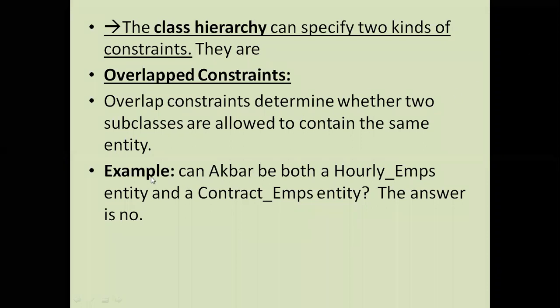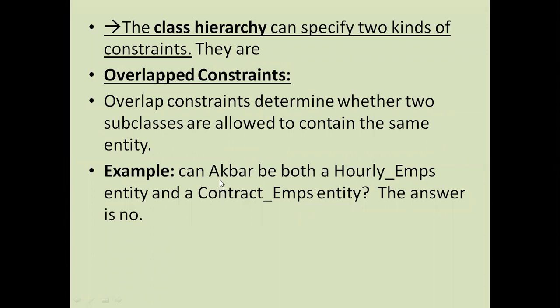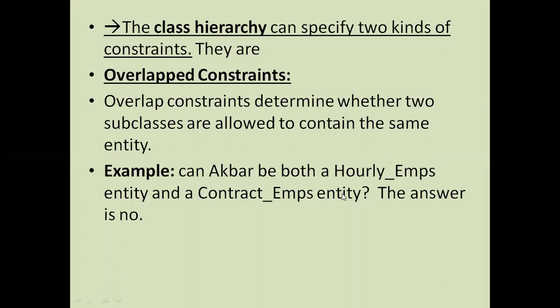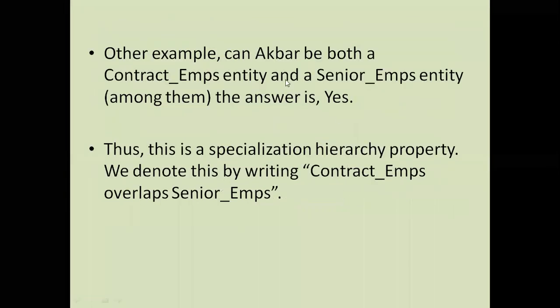Here also, we are dividing the employees into hourly employees and contract employees. If we consider Akbar, maybe he belongs to the hourly employee or maybe the contract employee. Am I right? So he does not belong to both. But take another example: Akbar is a contract employee, and at the same time he is a senior employee.